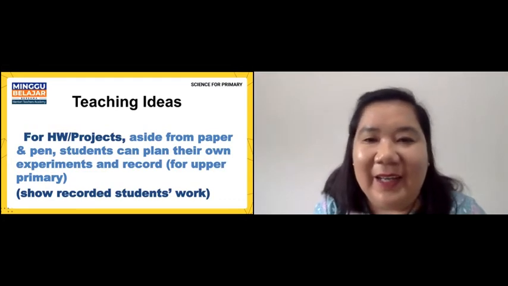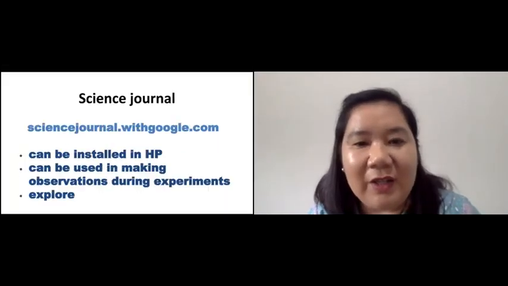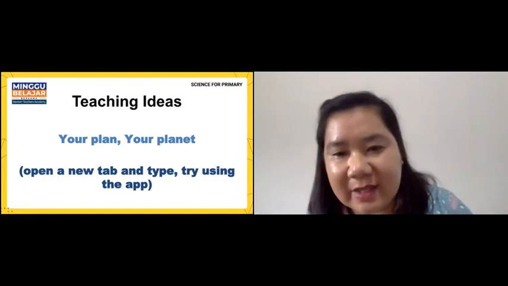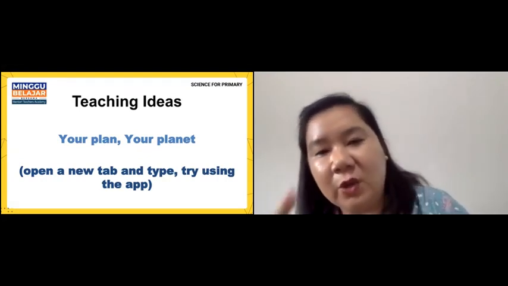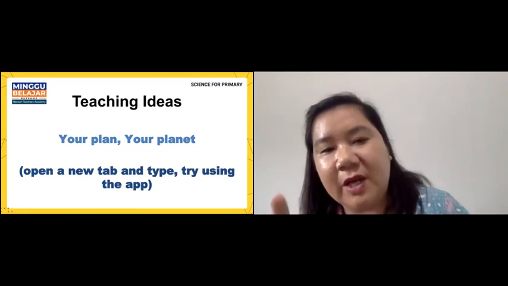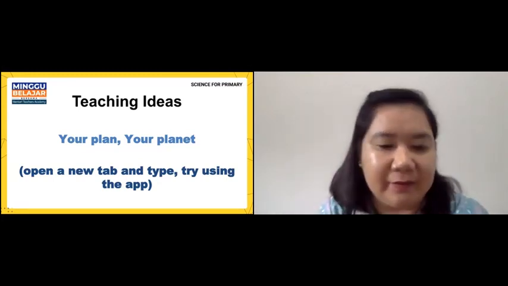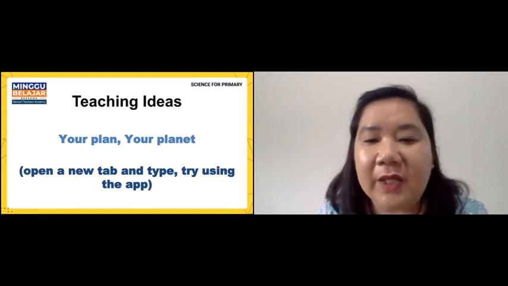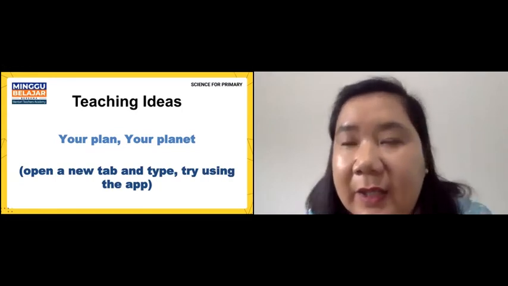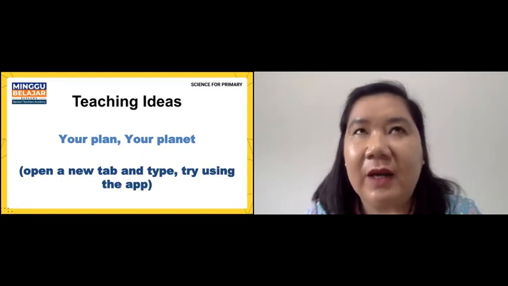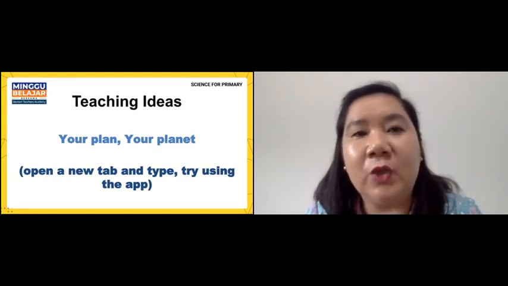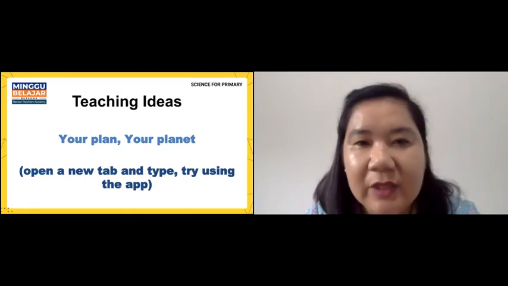All right. Now, moving on. This is another thing that I would like you to explore. Can you open another tab and just write Your Plan, Your Planet? This is one of the most recent applications in the Google G Suite.